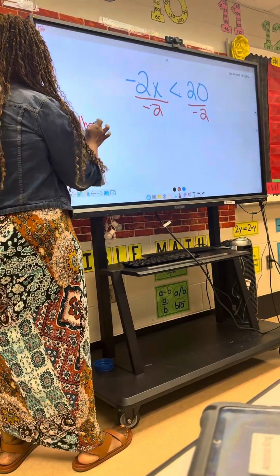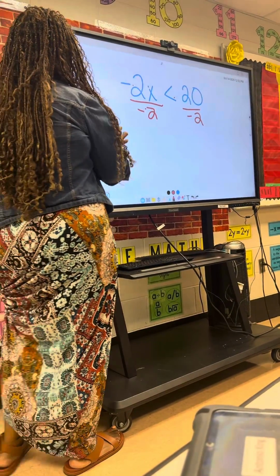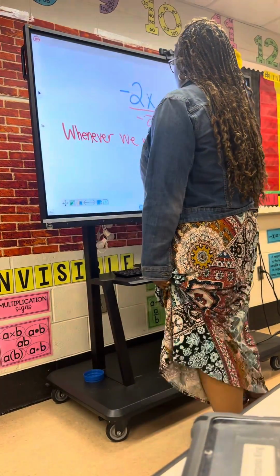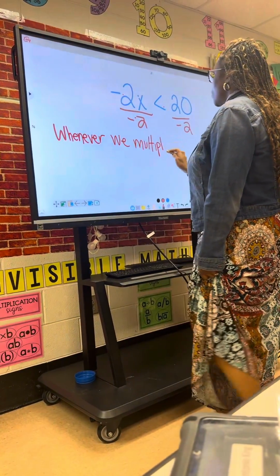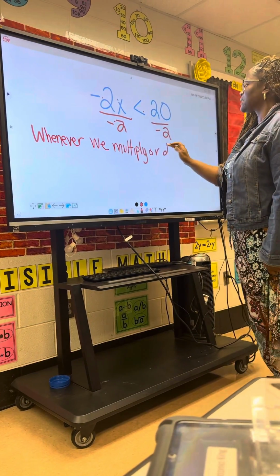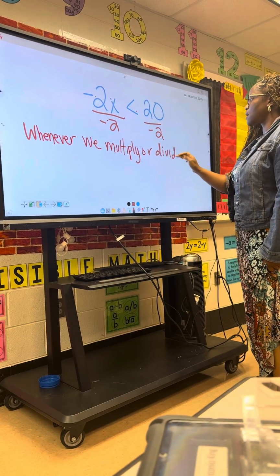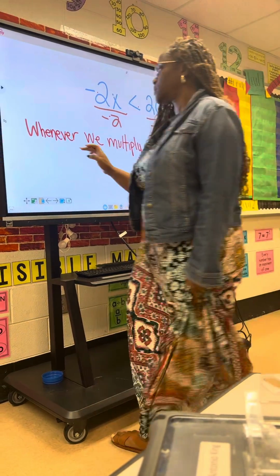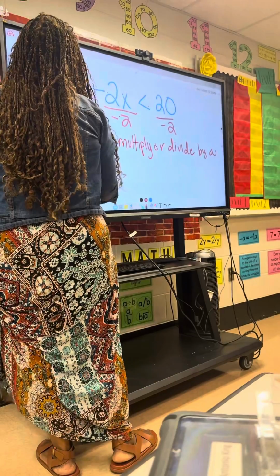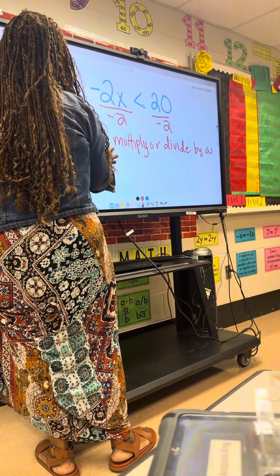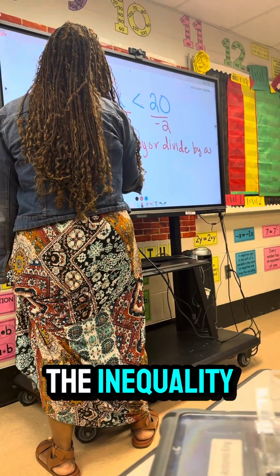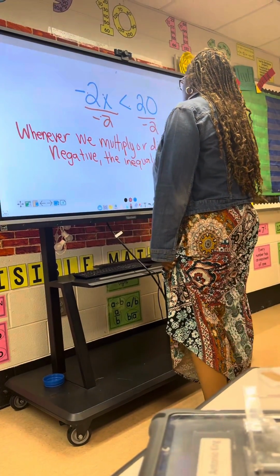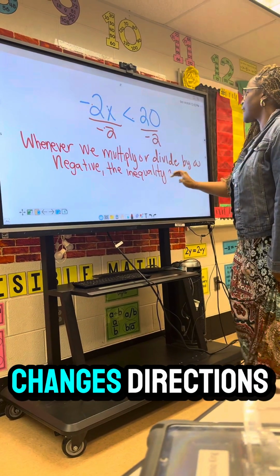Whenever we multiply or divide by a negative, the inequality changes directions.